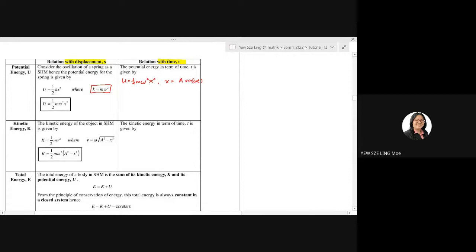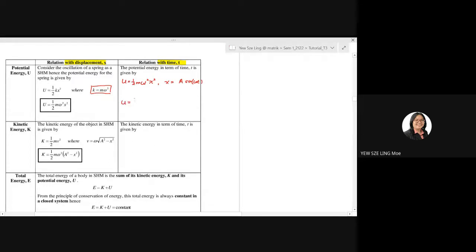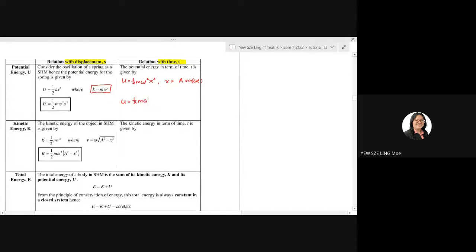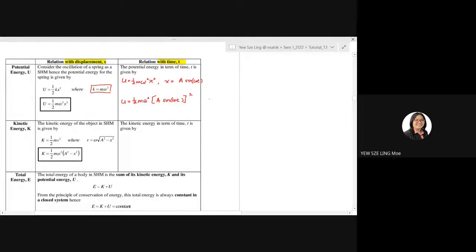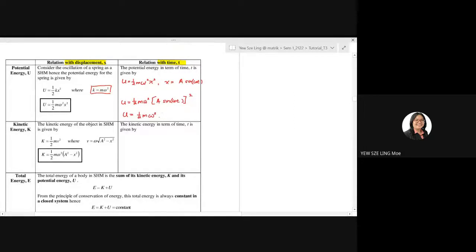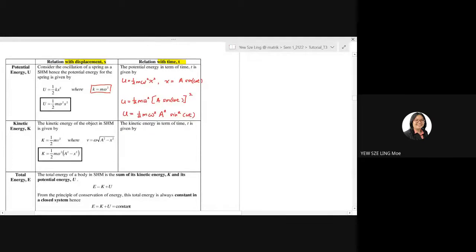Basically, you just substitute it into the equation, then that would be the equation for potential energy with time. So we have U equals 1 over 2 m omega square a sine omega t, squared. If you square this whole thing, you will obtain U equals 1 over 2 m omega square a square sine square omega t. So this is the potential energy with time.